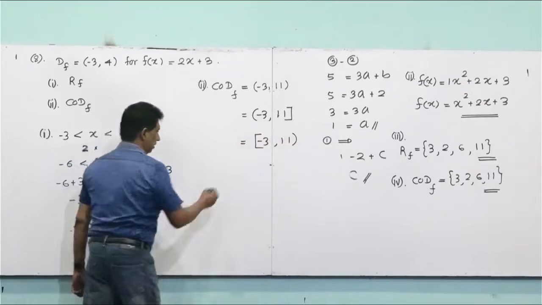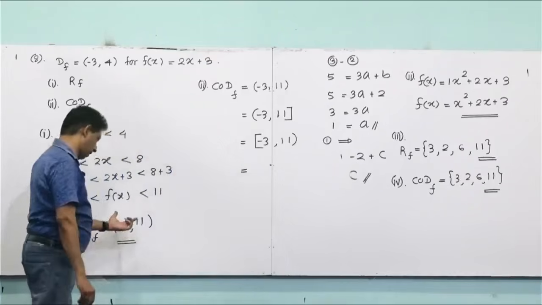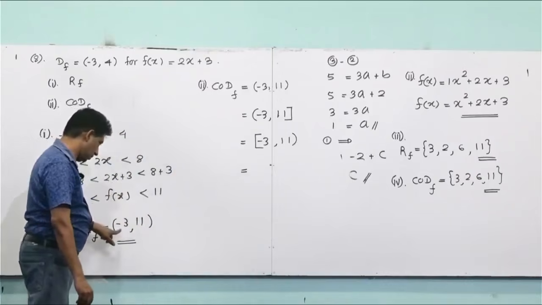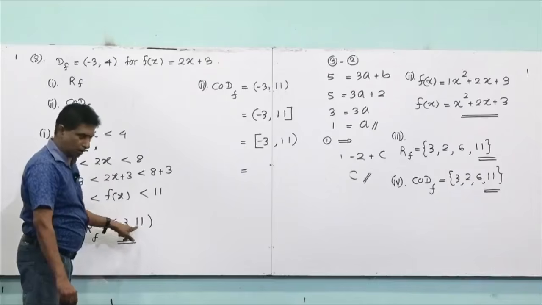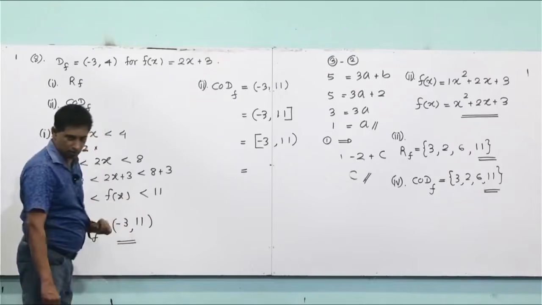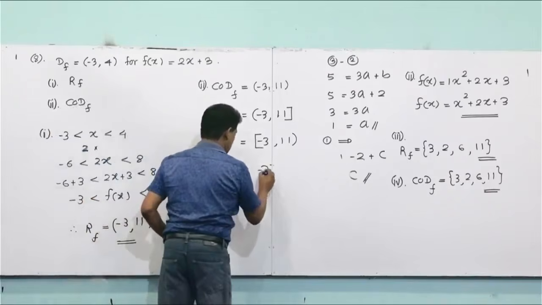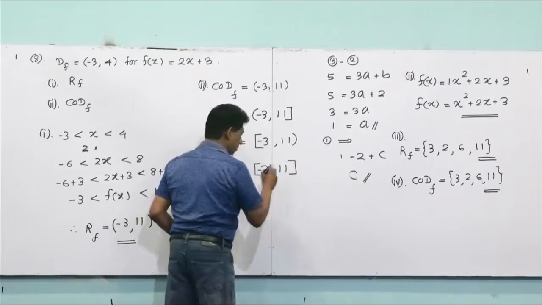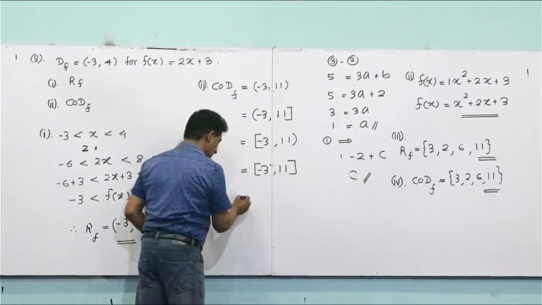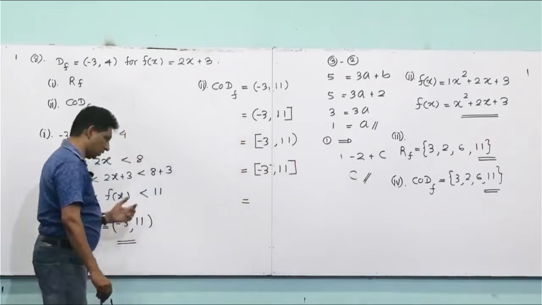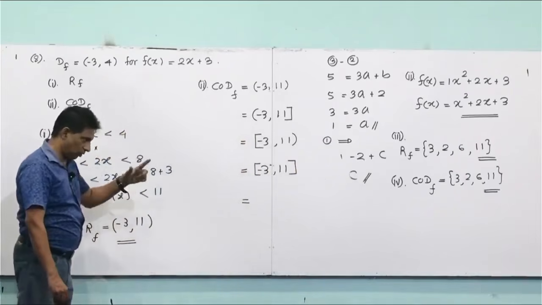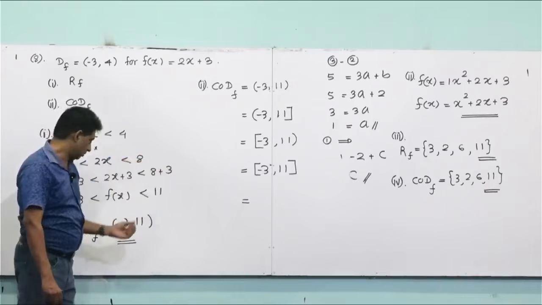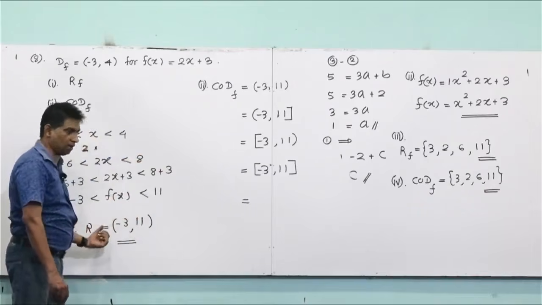Another way, we can add both values, minus 3 and 11, then minus 3 and 11 are also elements. So now we can write this set, minus 3 comma 11, with square brackets on both sides. There is another way. We can put all the values 11 and greater than 11, and minus 3 and less than minus 3, all the values.